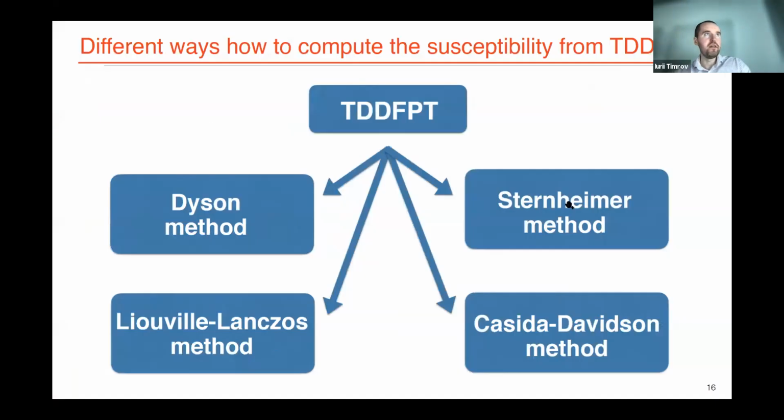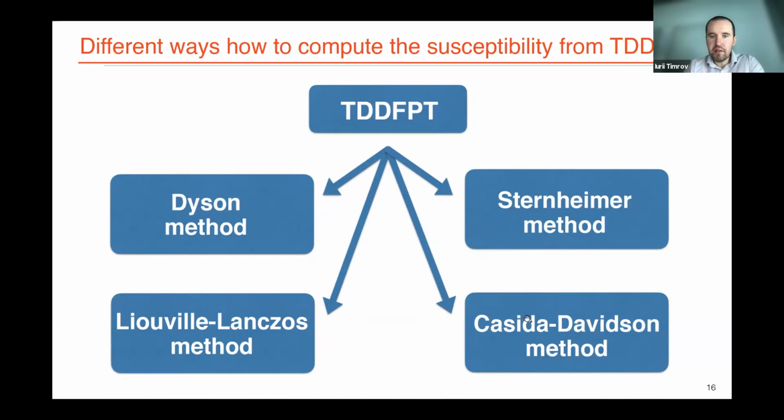Hello again to everybody. Okay, so we did half of the hands-on. Now we are going to do the second half of the hands-on. I showed this slide from the lecture just to summarize the first half with Oscar. So now you just saw how to use turbo Lanczos and turbo Davidson to compute optical absorption spectra in molecules using these two methods at the bottom, Liouville-Lanczos method and Casida-Davidson.